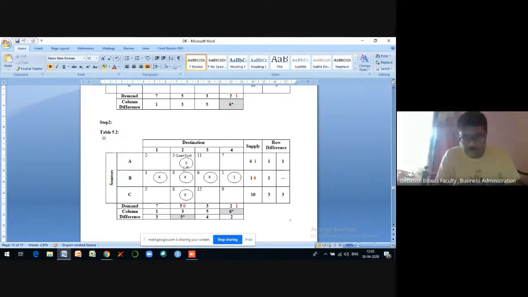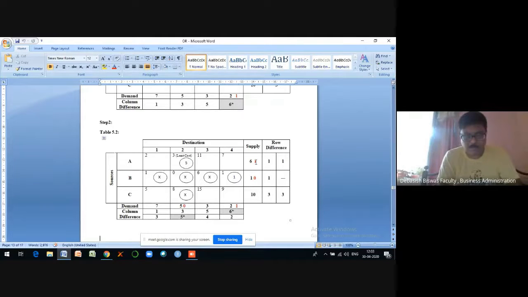So the maximum we can allocate is 5. After allocating 5, this will be 0. 5 minus 5, 0. That's why I have deliberately written 0 in red color. And after deducting 5 from 6, the remaining supply will be 1. That's why I have written 1 using red color.